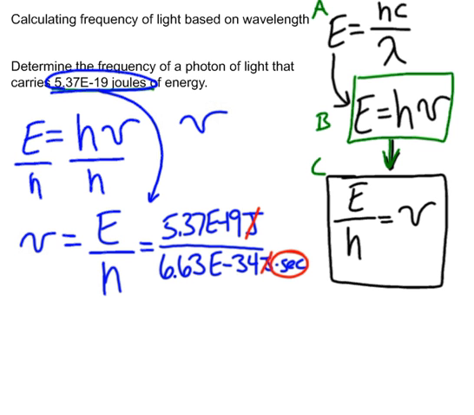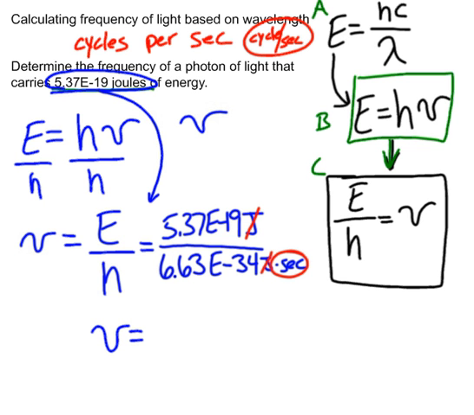So when it comes to a frequency, it usually has the unit of cycles per second. So that's what your unit is going to be, cycles per second. You can write it like that, and that's just fine. So let's go ahead and do the math. So that means my frequency is going to be 5.37 times 10 to the negative 19 divided by 6.63 times 10 to the negative 34 seconds.